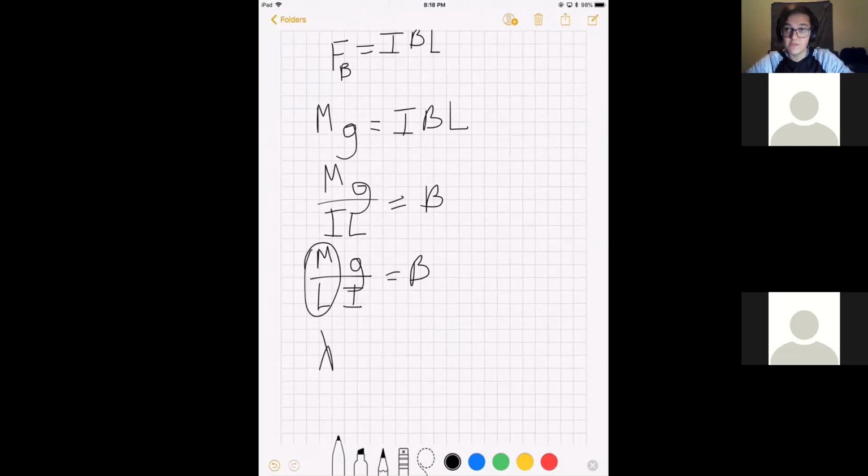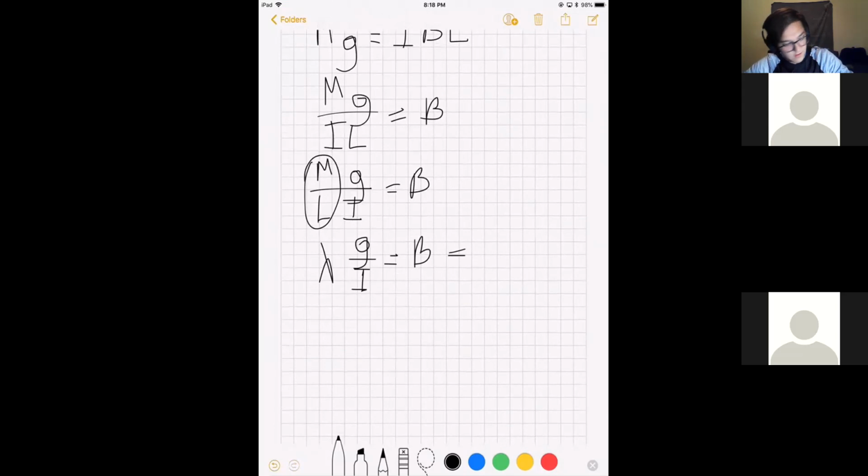So it's just the amount of mass per unit length. You multiply that times g, the gravitational constant, 9.81, and divide by I, whatever the current is. That's equal to B, and we know what all these numbers are. So we're actually good to go. We can plug numbers into this formula. When you do that, you get an answer of 4.9 Teslas, which is B.